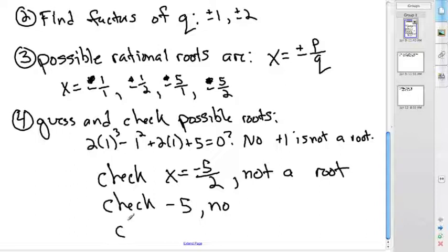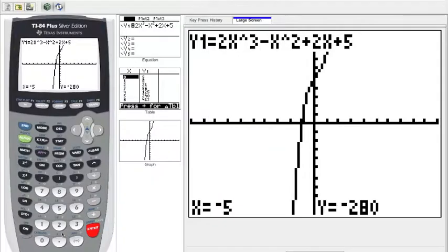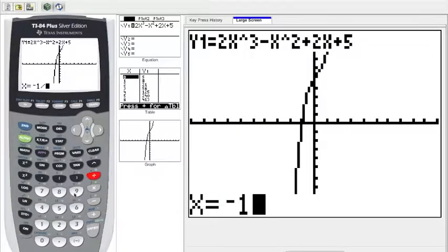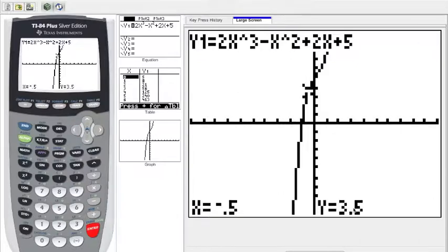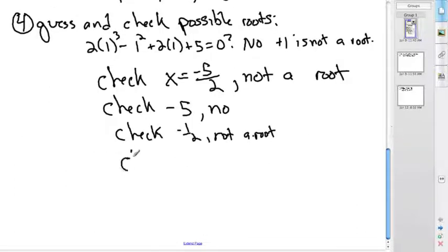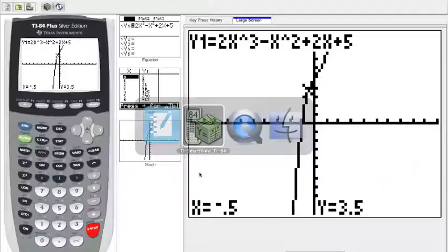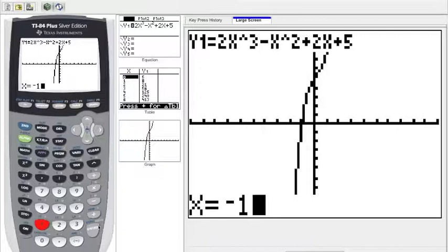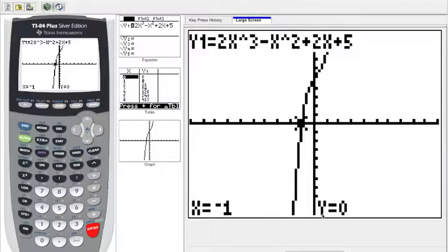So let's check negative 1/2. And we don't get 0. So, not a root. And let's check negative 1. And we do get 0.